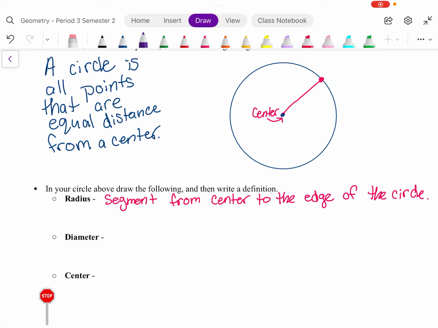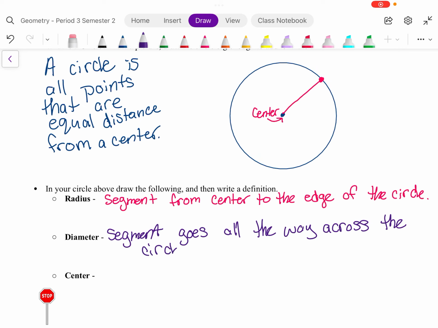Next, we have a diameter, which is again a segment that goes all the way across the circle. And it has to go through the center. And that would be a diameter.